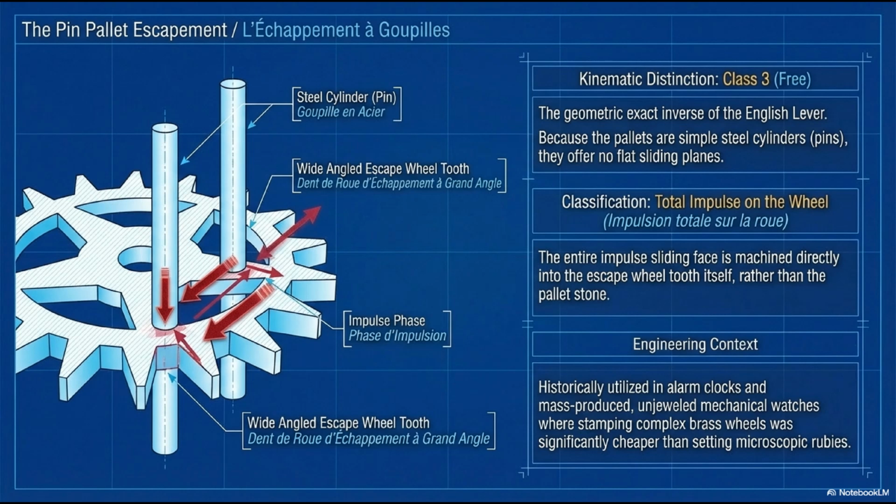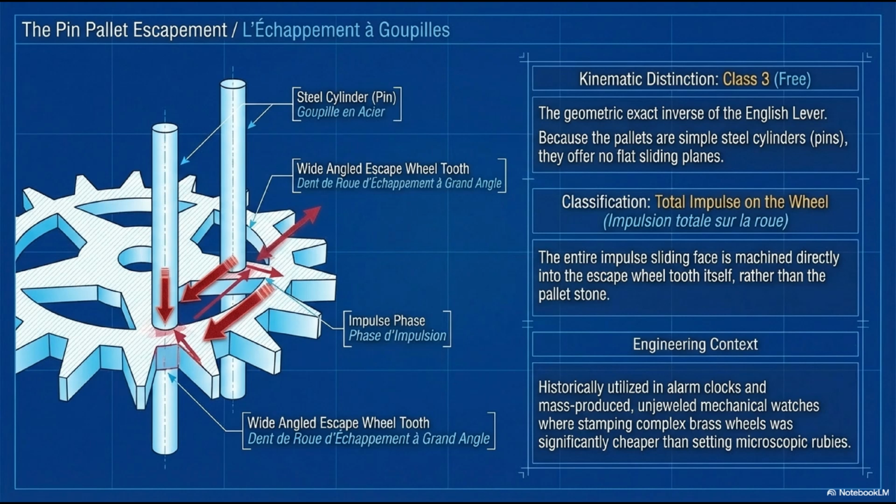Engineering cost: the impulse geometry is less precise because a cylinder's convex surface provides an imprecisely defined contact zone against the flat tooth face. Accuracy is lower. Friction between steel pin and steel tooth face is higher than ruby on steel. Wear progresses more rapidly. Classification: despite the simplified construction, the pin pallet is still class 3 free.